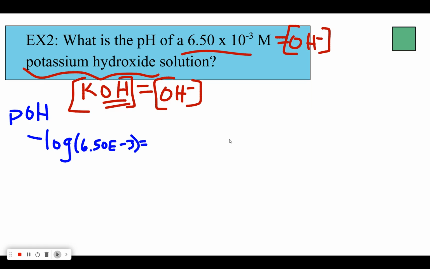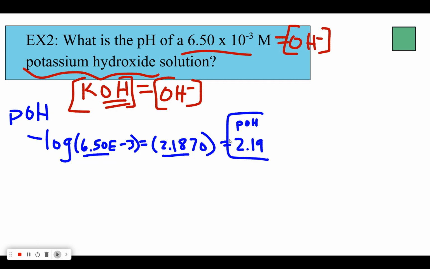When I get that answer out of my calculator, it's going to tell me it's 2.8170, and I do want to keep 3 sig figs, just like my 3 sig fig given, so that 7 is going to round my 8 up, so 2.19 is my pOH.